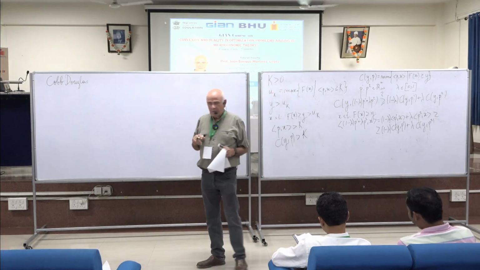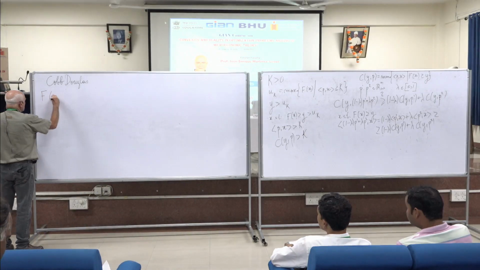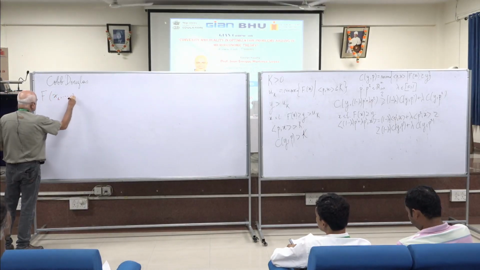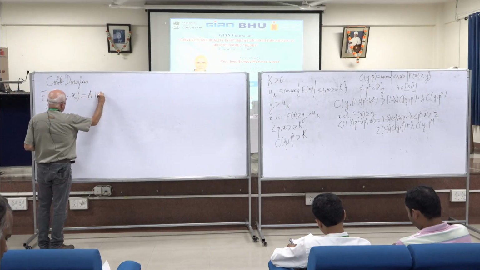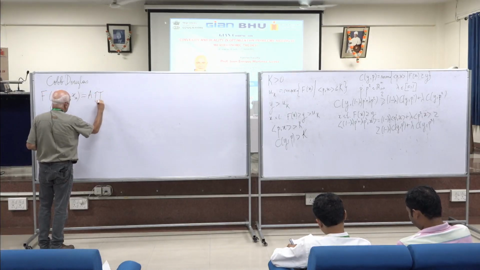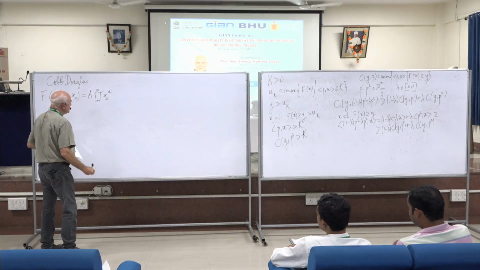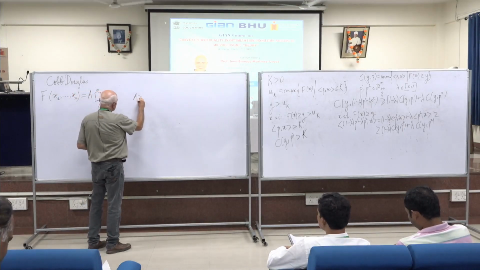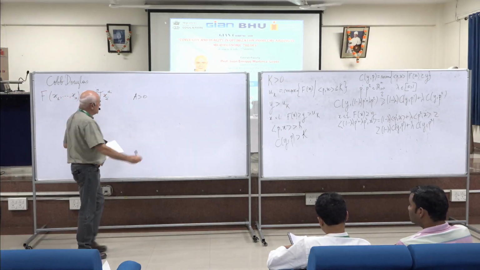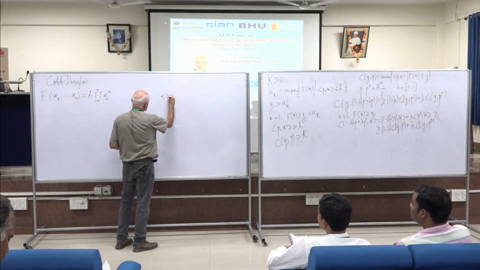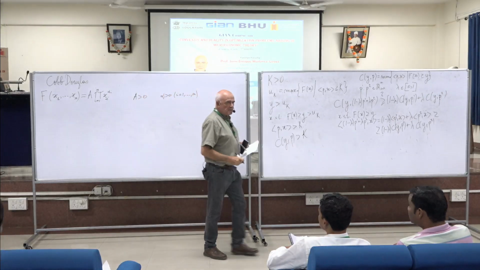So it is the following, a function with the following structure. A times product, where A and the alpha i's are constant, positive constants. Okay?